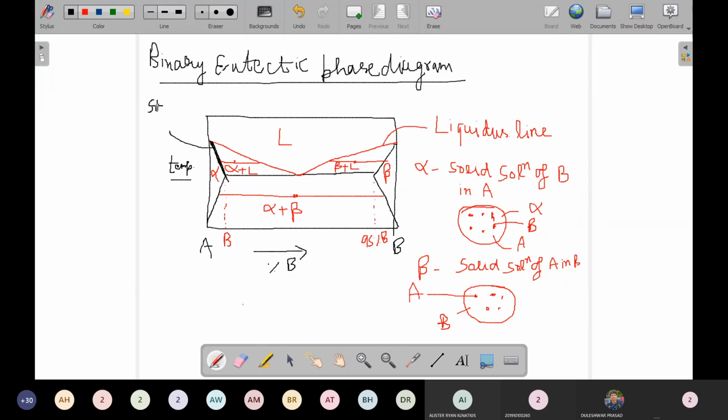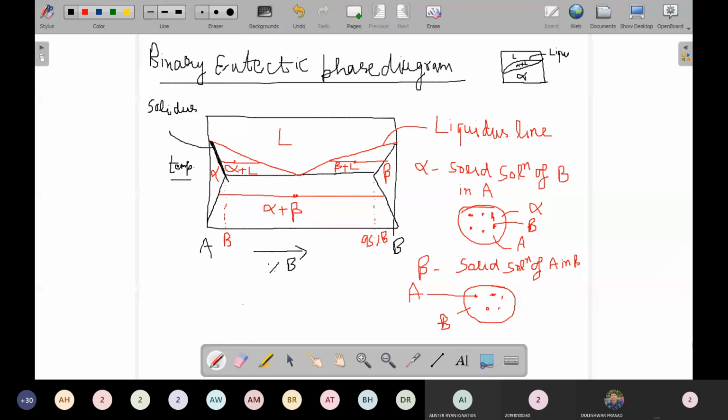If you remember the binary isomorphous system, in that also the line that separates one solid phase region from the other solid and liquid phase region is known as the solidus line. Let me show you here in small. So if you remember this binary isomorphous system, this is our alpha, this is alpha plus L, and this is L. So we are calling this line the liquidus line.